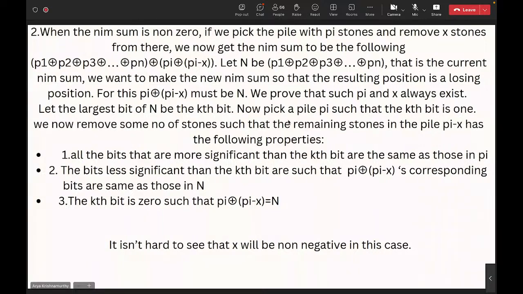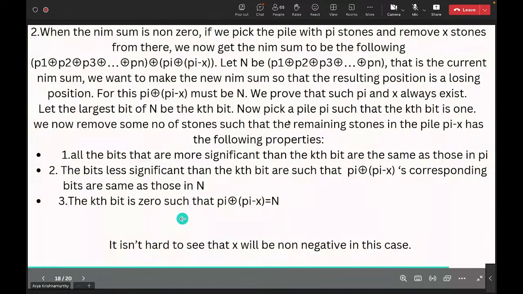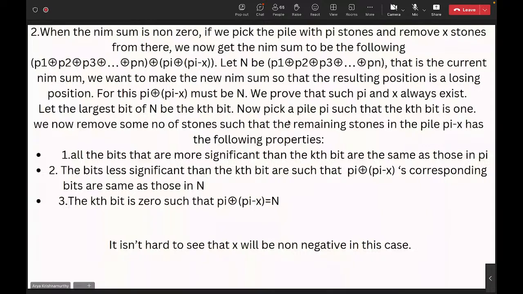And the kth bit should be 0, because pi had the kth bit turned on, and since we want the XOR to be n, we don't want pi minus x to have the kth bit on as well. So the kth bit of pi minus x should be 0. Let me give you some time to think about why such an x will exist.